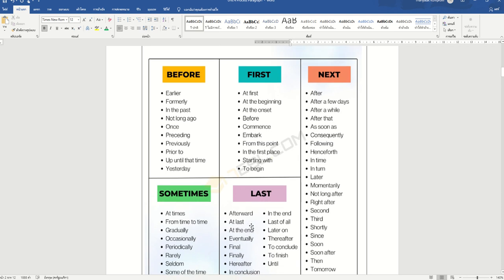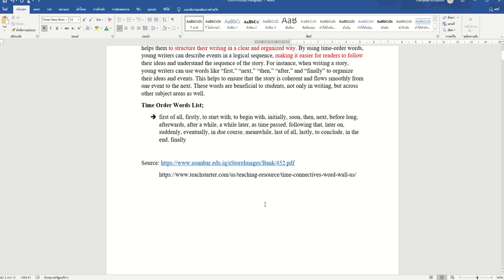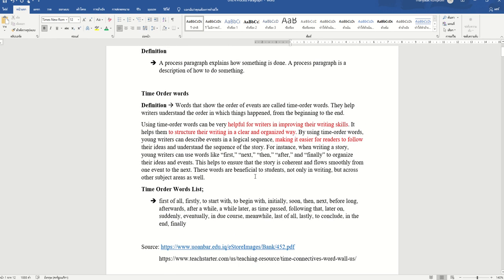So you can apply these time order words in your paragraph, both in class and in the future, in your essay writing class or in real life writing. What is word order again? Word order shows the order of events and the order of situations.